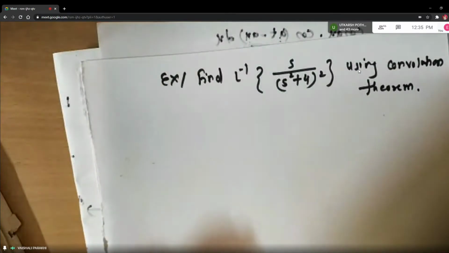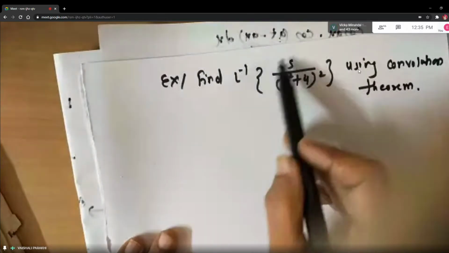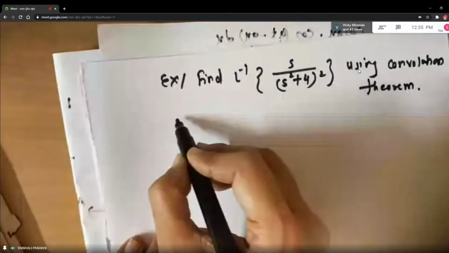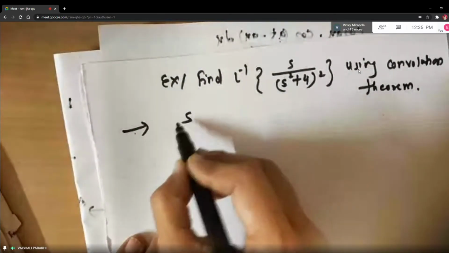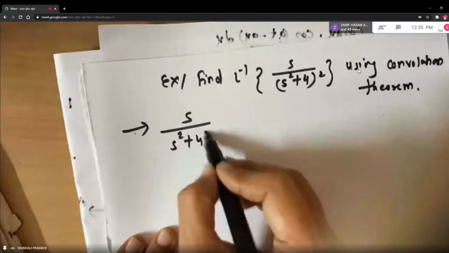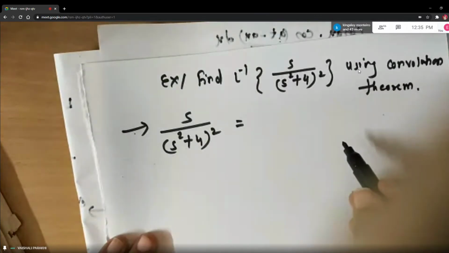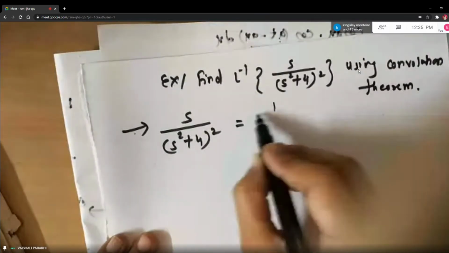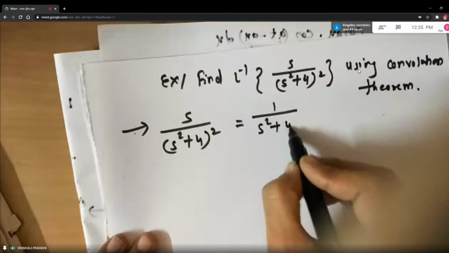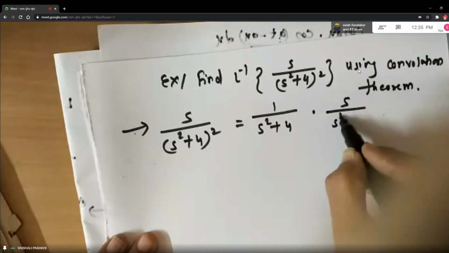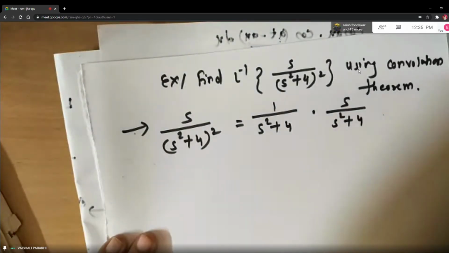What is the first step? The first step is to split this inside function, s upon s square plus 4 the whole square. How to split this function depends upon you. I am taking it as 1 upon s square plus 4 into s upon s square plus 4. Vice versa also will do.